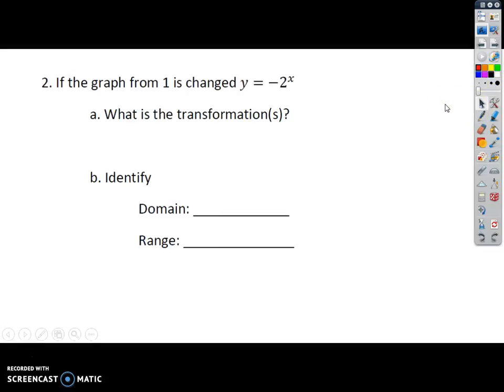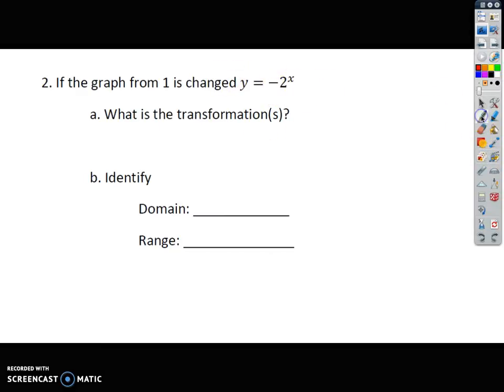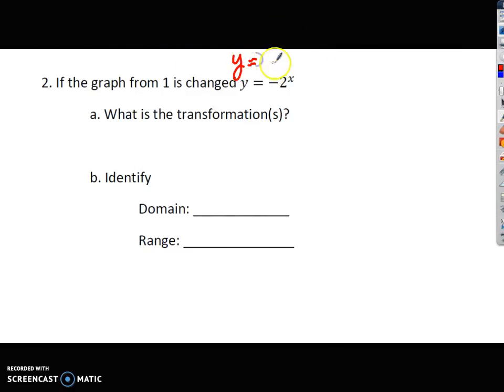Let's look at number 2. Number 2 says if the graph from 1 is changed to y is equal to negative 2 to the x, what is the transformation? In case you forgot, this is the function from number 1, y is equal to 2 to the x. The only difference is that it has a negative out in the front. 2 to the x looks something like this, right?